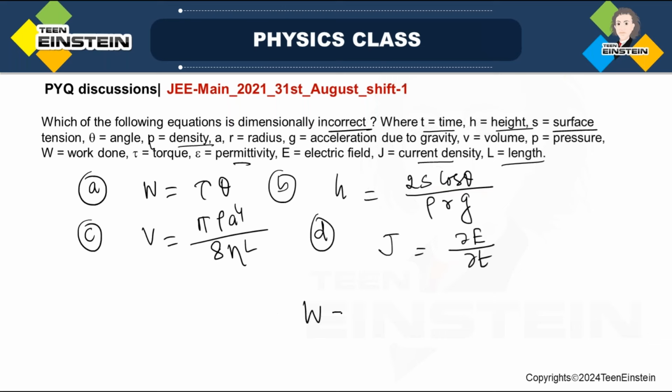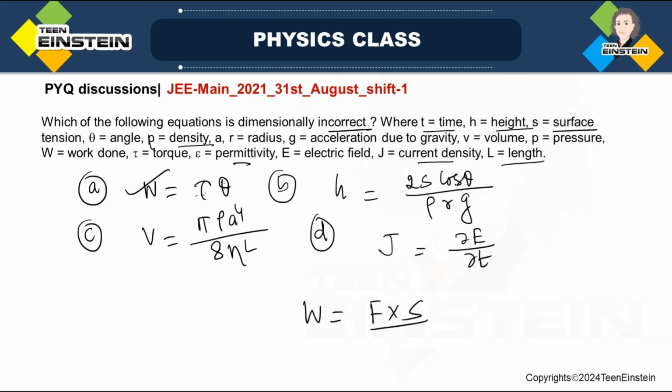So work done in case of translational motion is force into displacement, right? So here theta is the angular displacement and tau is the force equivalent in the angular motion. So this is actually work done, this is true.